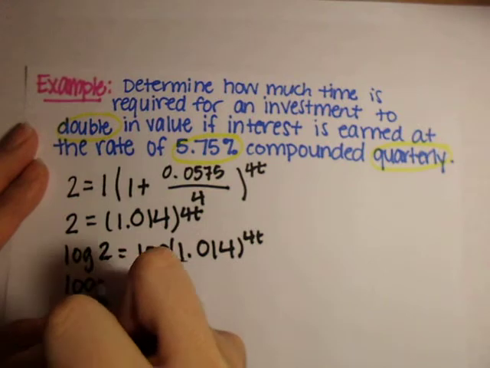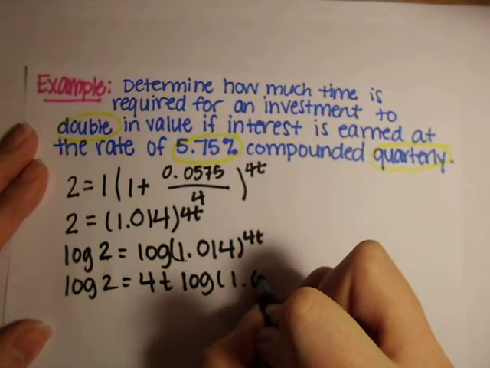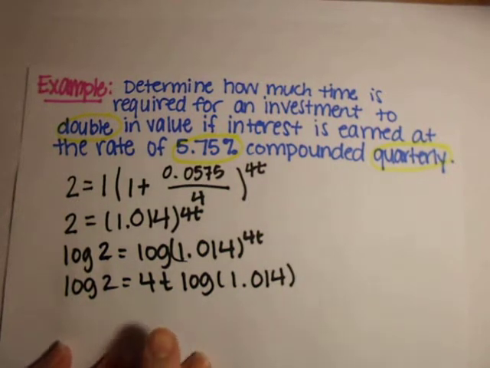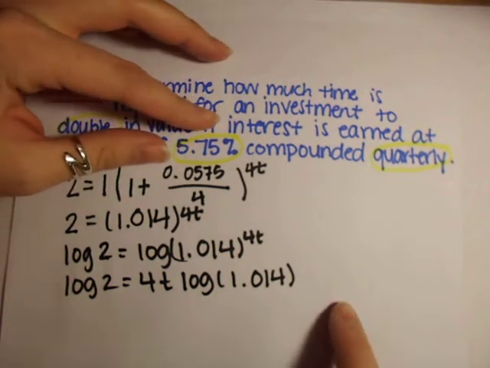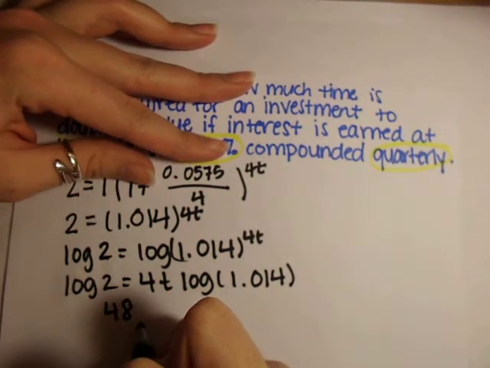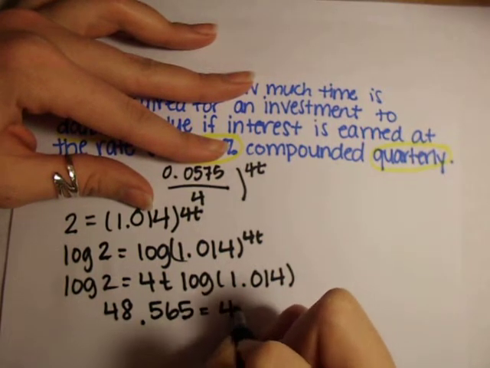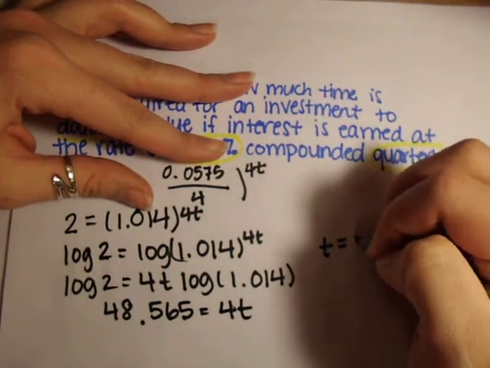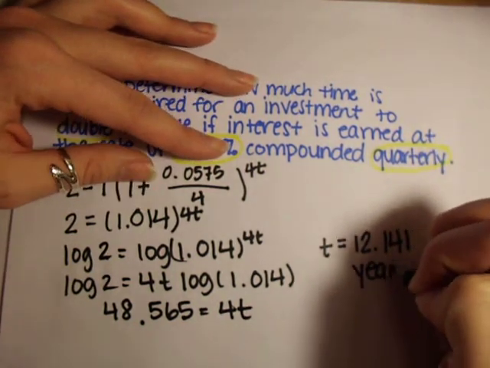We'll have log of 2 equals 4t log of 1.014. And now we can divide by log of 1.014, and we'll be left with 48.565 equals 4t. And then we can divide by 4, and we can see t equals 12.141 years. Remember, t is always in years.